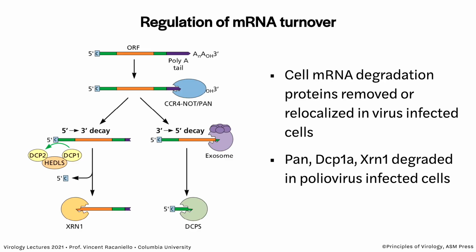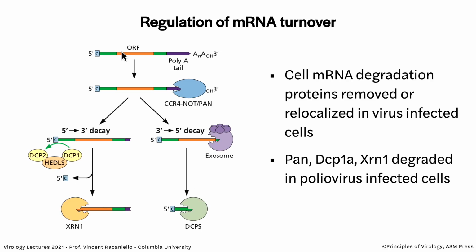And then remember, I told you that mRNA turnover can be regulated. So messages have different half-lives. They don't all last forever. And that's controlled by sequences in the mRNA. And there are a series of cellular proteins. These are all cellular proteins here, the ones that look like Pac-Man, that are involved in degradation.